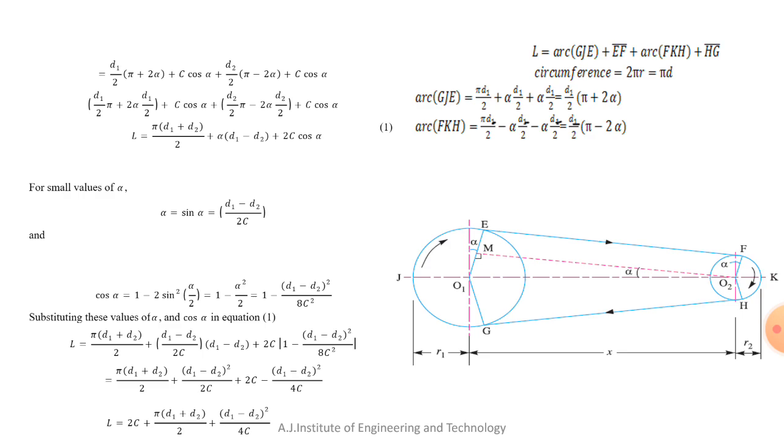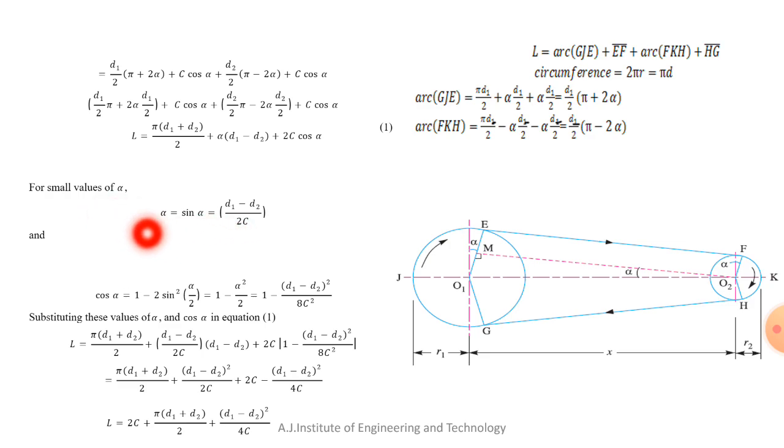Now you have to substitute value of alpha. So alpha can be written as, sin alpha, you know, sin alpha equal to d1 minus d2 divided by 2c. You have to consider sin alpha as alpha.